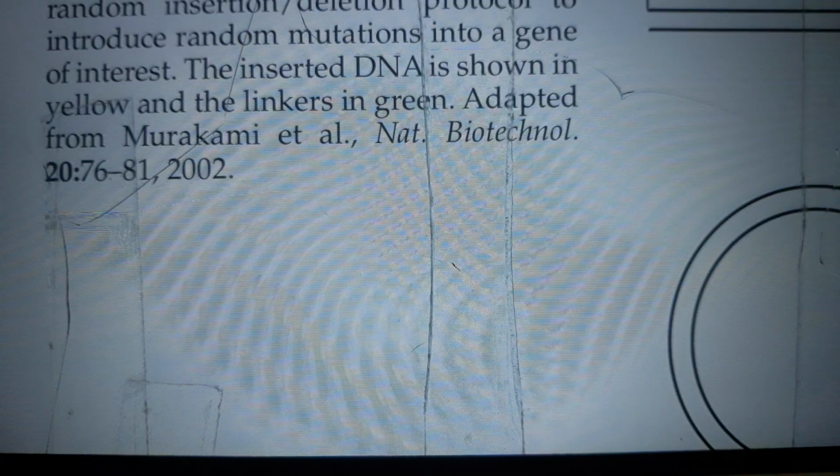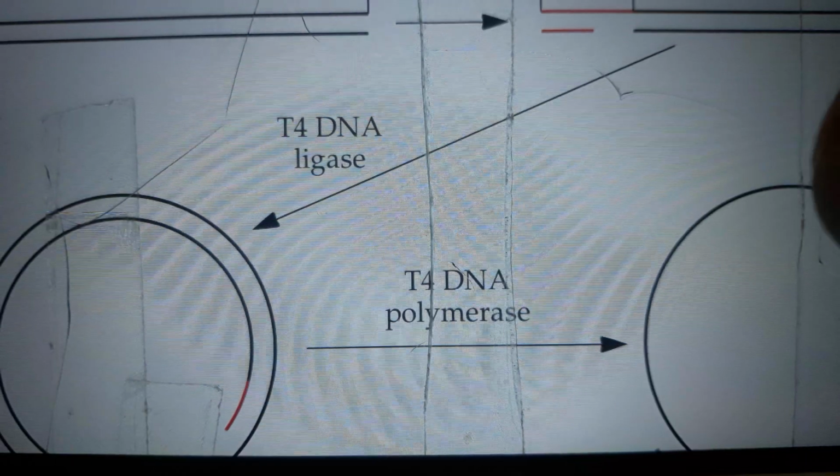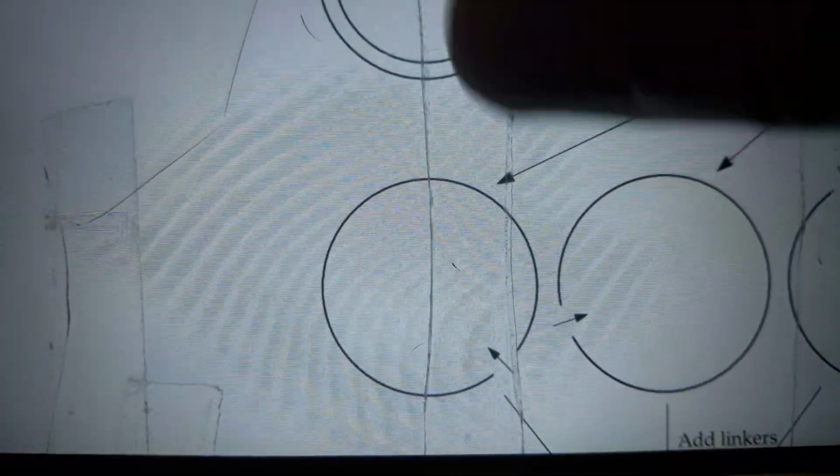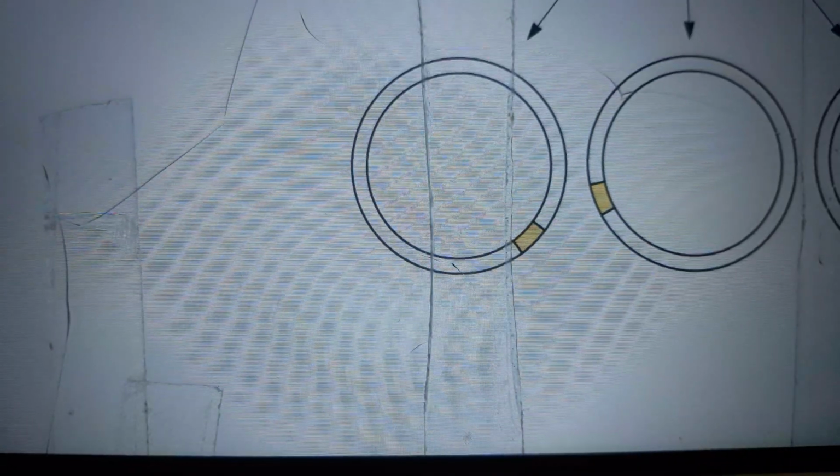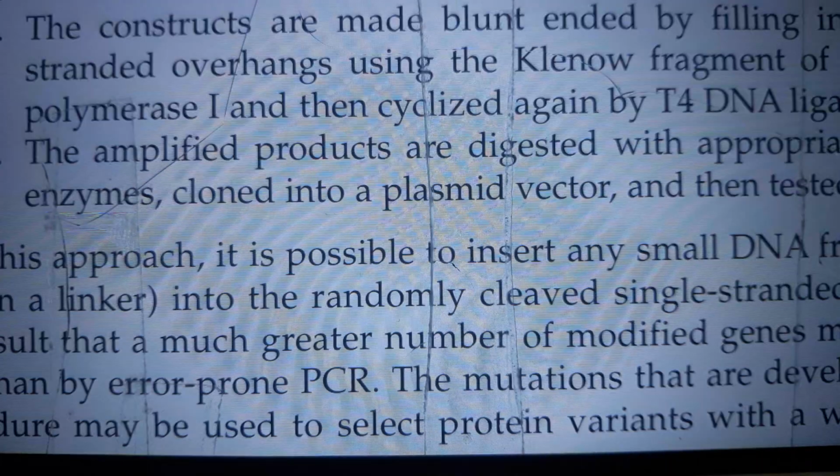Figure 8.8 is a schematic representation of the random insertion-deletion protocol to introduce random mutations into a gene of interest. The inserted DNA is shown in yellow and the linker is in green. 6.